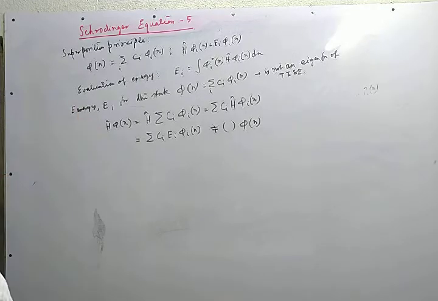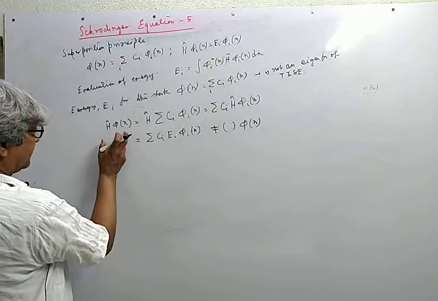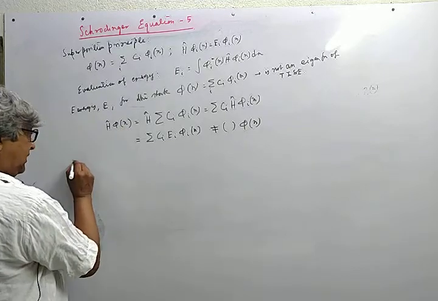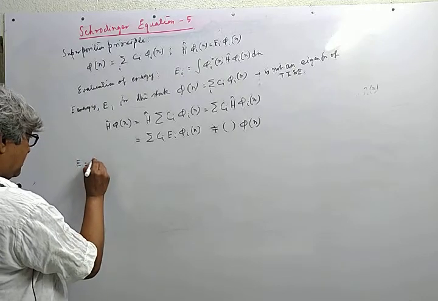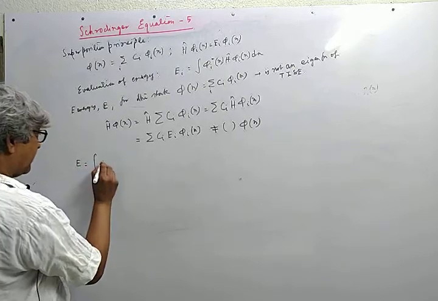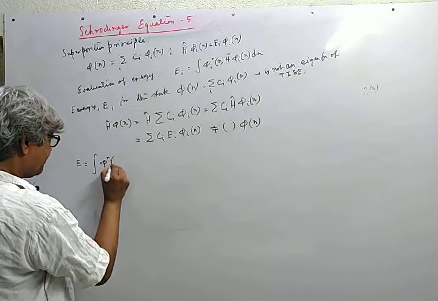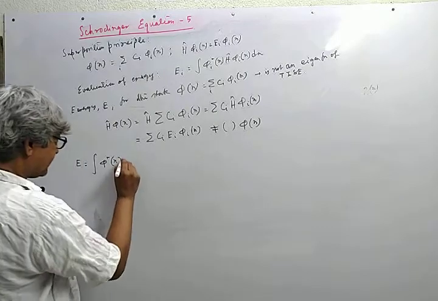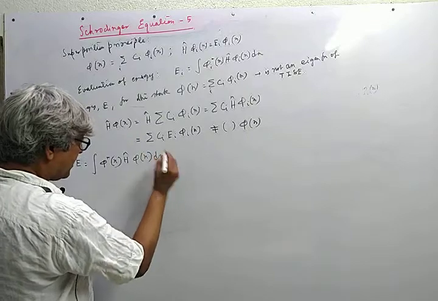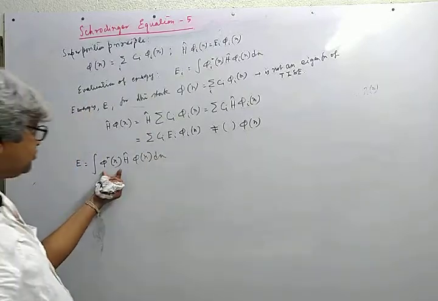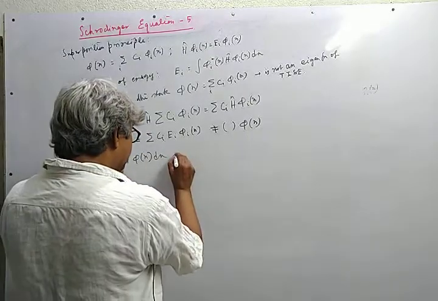So we want to find out the energy of it. So E, we multiply it from the left. For this we use the j subscript.